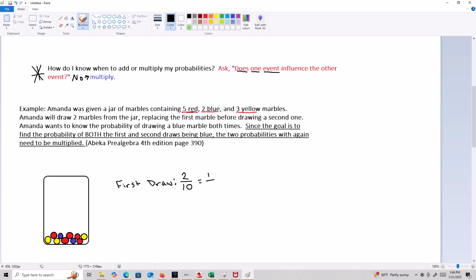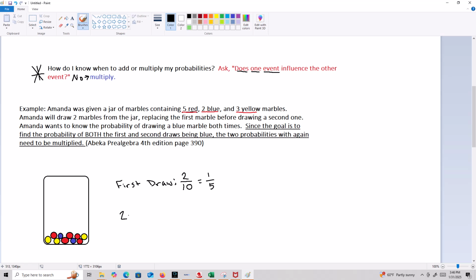So that's going to equal 1/5. That's our probability of getting blue on the first draw. Now in past examples, we would have said, now we only have 9 marbles in the jar. But now we're being told she's going to put that blue marble back in if she gets it.